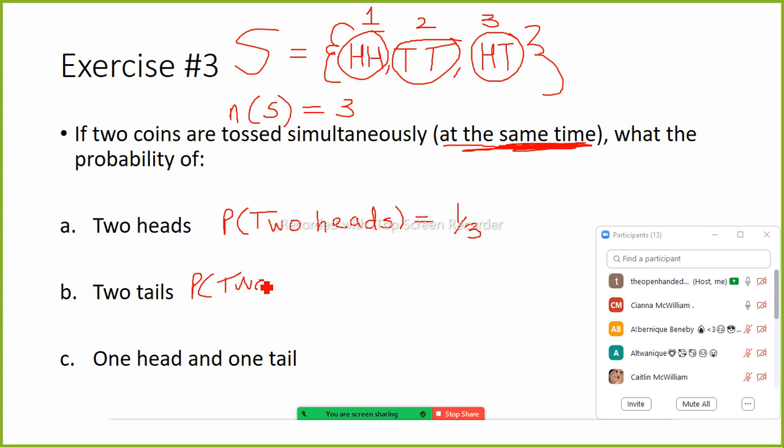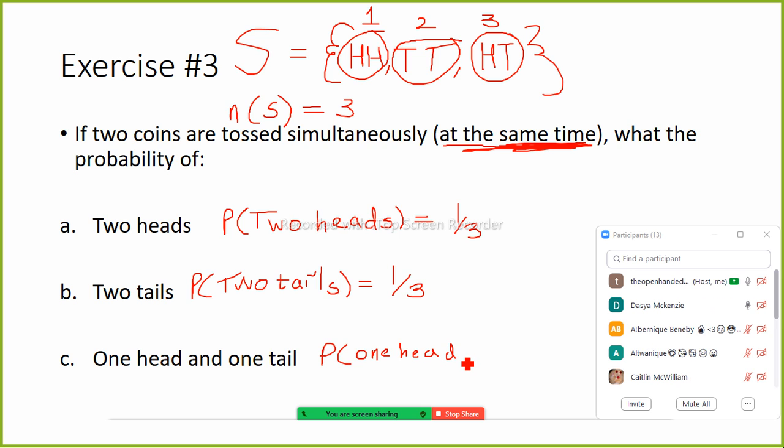I think Caitlin went somewhere. I'm not sure. One over three, I guess.